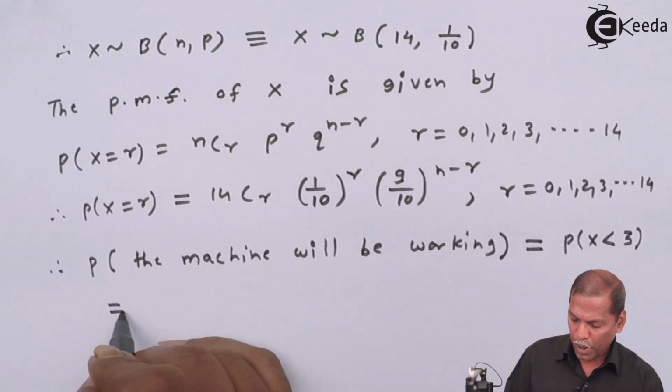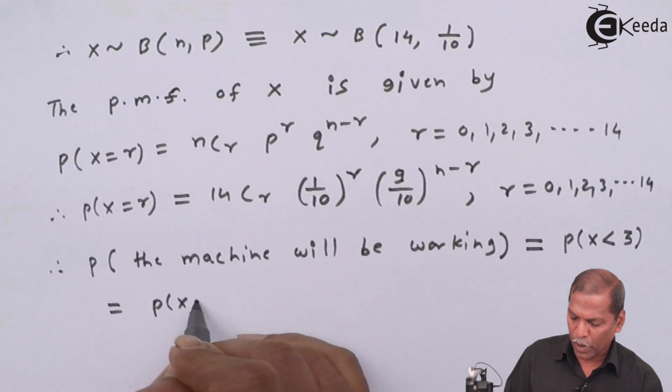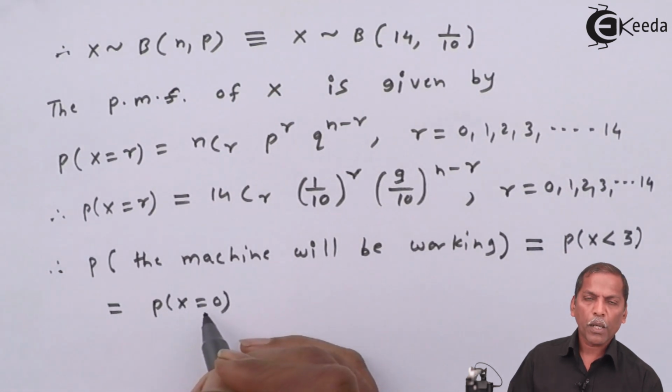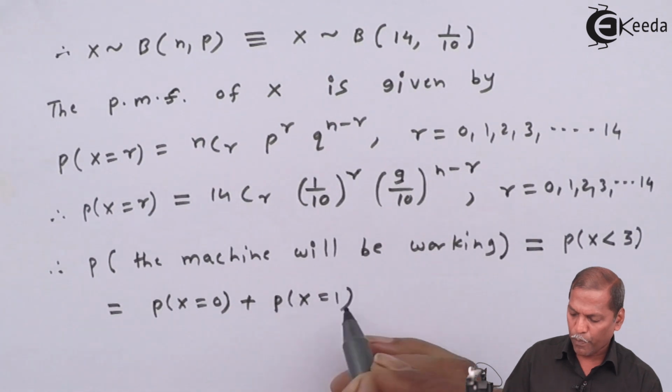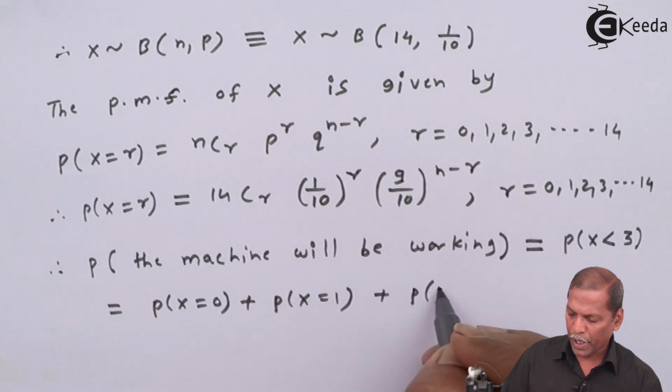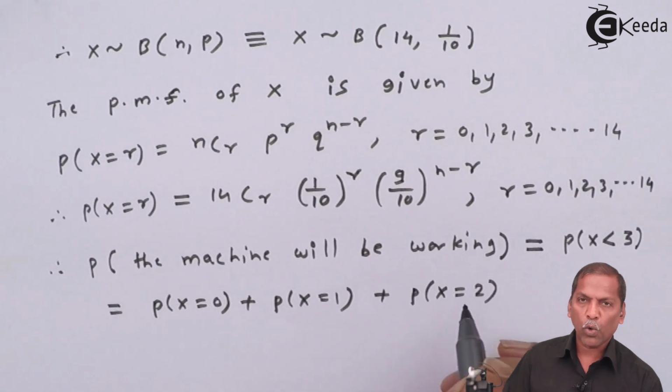It means probability X equal to 0 plus probability X equal to 1 plus probability X equal to 2.